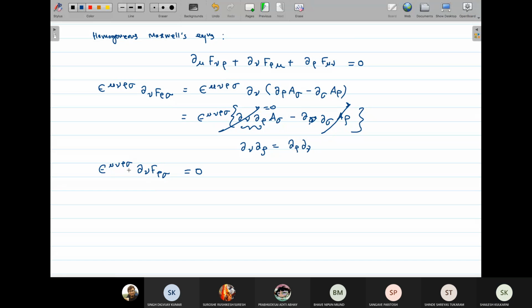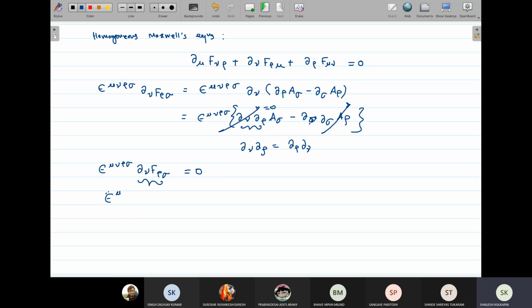Note that nu, rho, sigma are summed indices and mu is a free index. So I can keep this index as it is and cyclically permute nu rho sigma, which gives a cyclic permutation of this. If this is equal to 0, then the cyclic permutation of this object is 0.